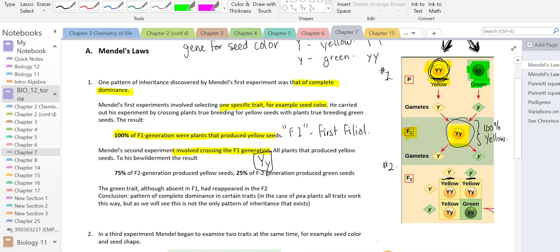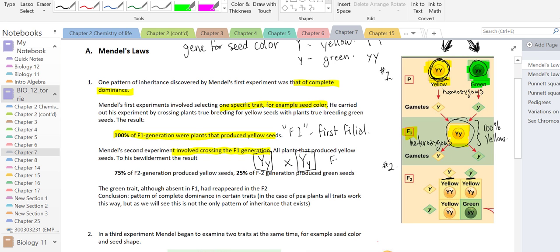Remember, these guys up here, we would call them homozygous because they possess two of the same alleles, but all the F1 are what we call heterozygous. They have or contain one of each type of allele. So Mendel was essentially crossing a heterozygous plant for yellow seed color with another heterozygous plant for yellow seed color.